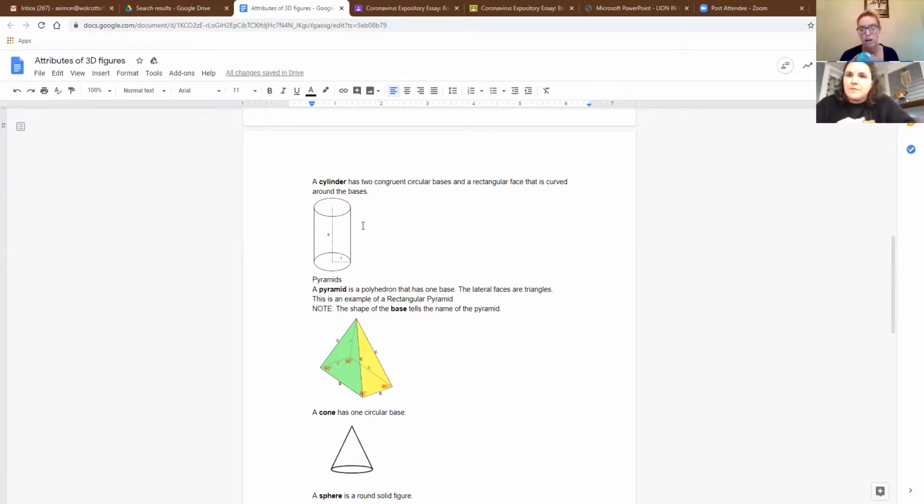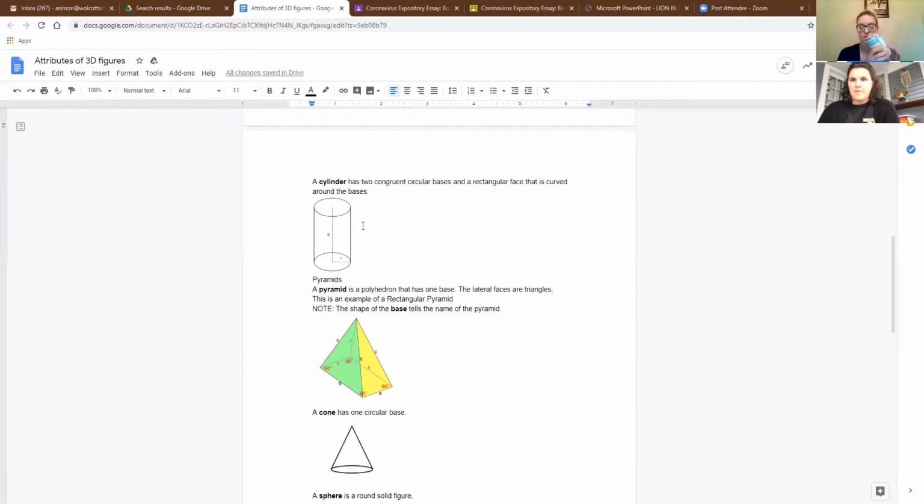You have many real life examples of cylinders. A can of pop would be an example of a cylinder. A can of soup. And like Miss Smith said, remember, this is not going to be a polyhedron because it has a circle as a base. We learned yesterday that circles cannot be polygons because they're curved.